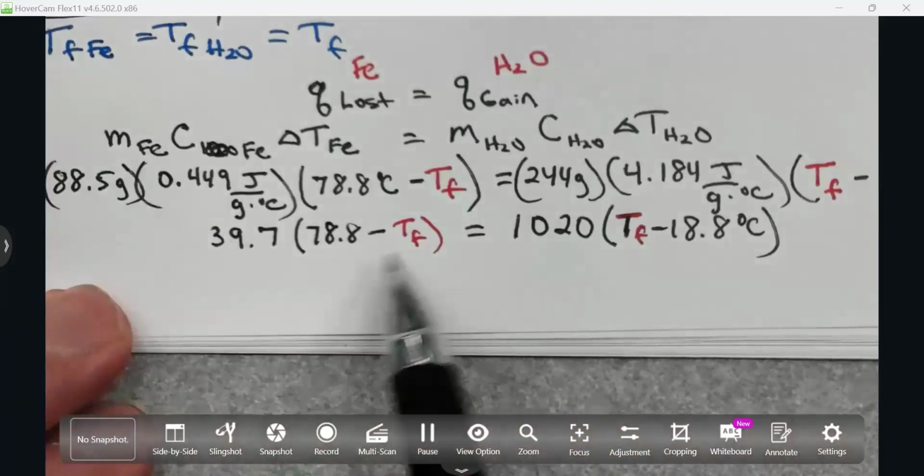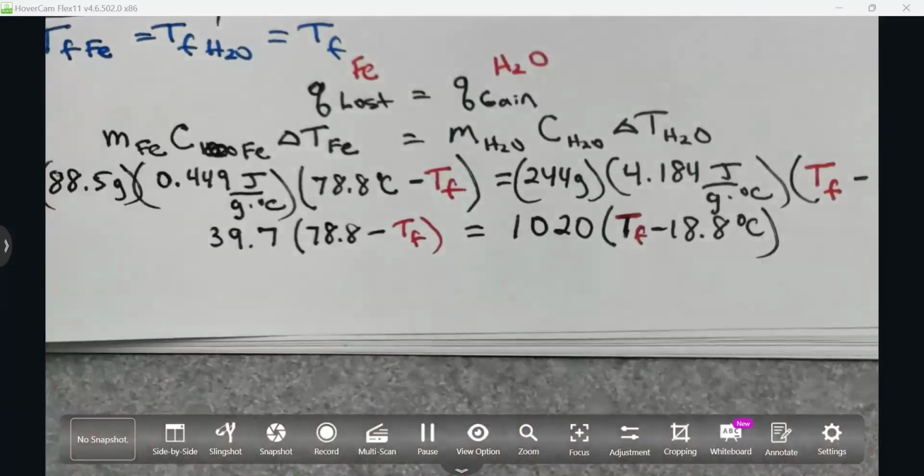So now we're going to distribute this through. Yes, both of these are going to get distributed through. So we're going to end up with 39.7 times 78.8.